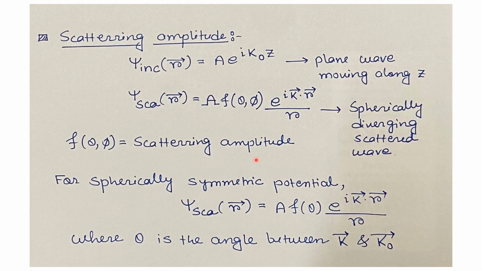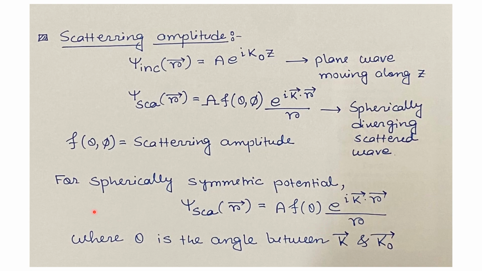Now, for the case of a spherically symmetric potential, that means our scattering potential only depends on the distance from the center, that is r, then our scattered wave function can be written as A times the scattering amplitude as a function of theta, that is f of theta, times e to the power i k r divided by r.